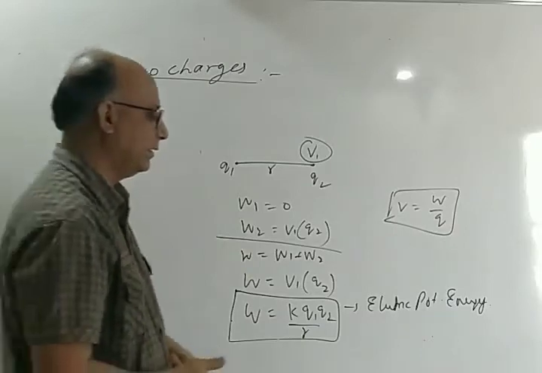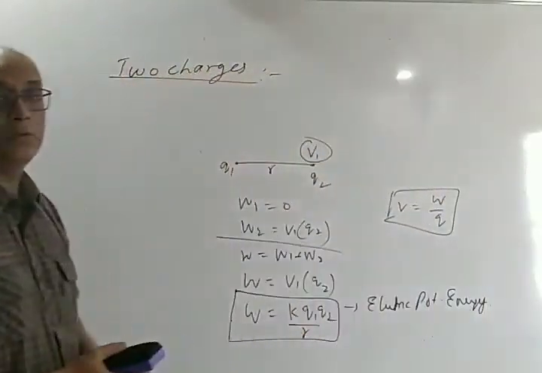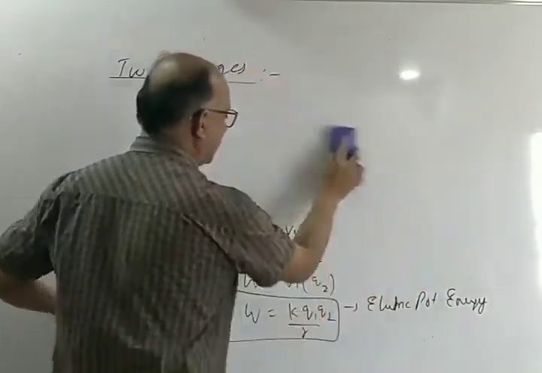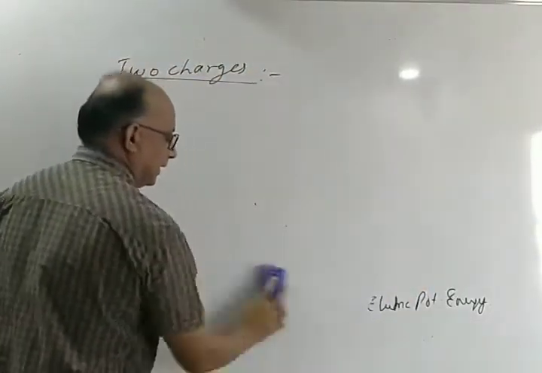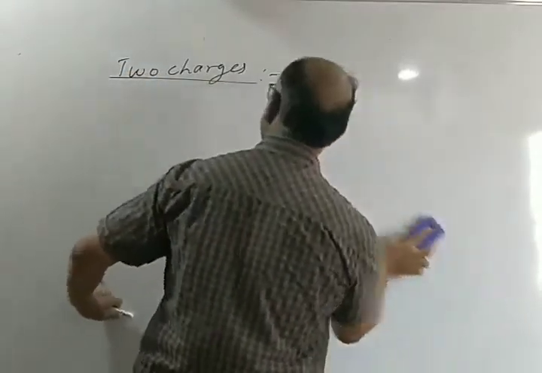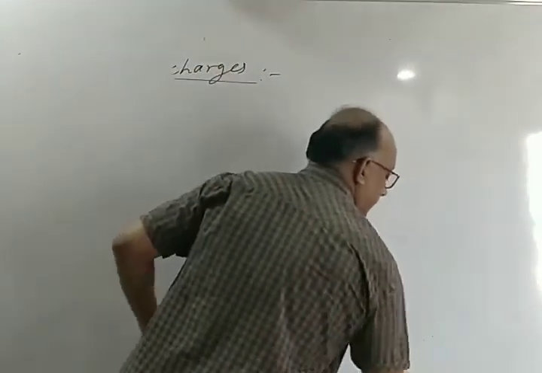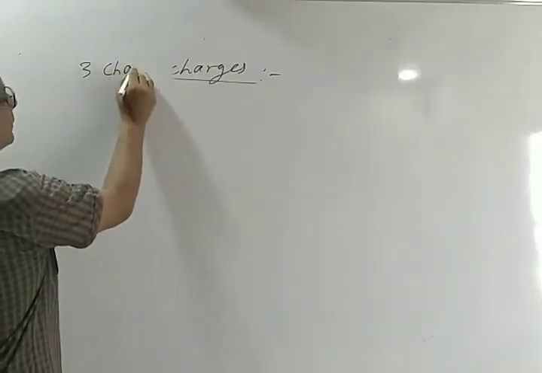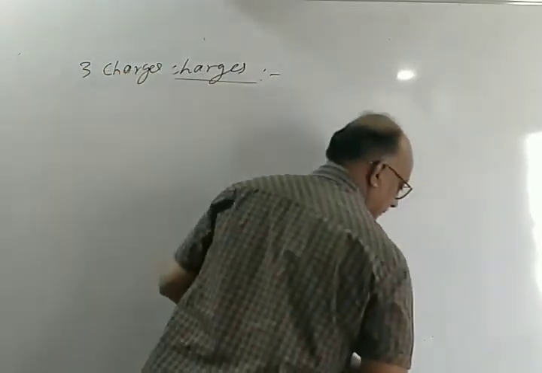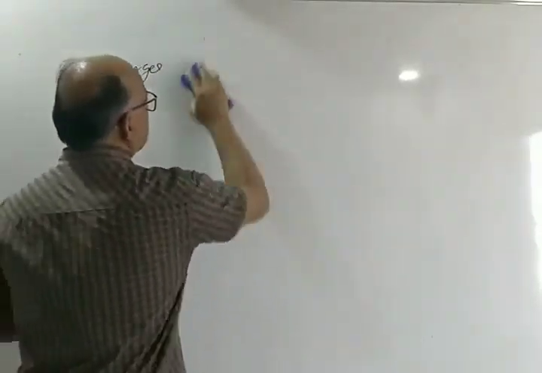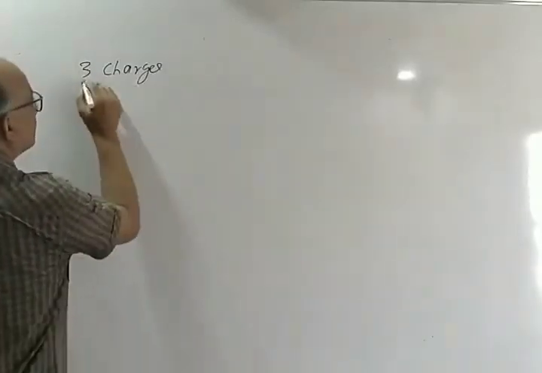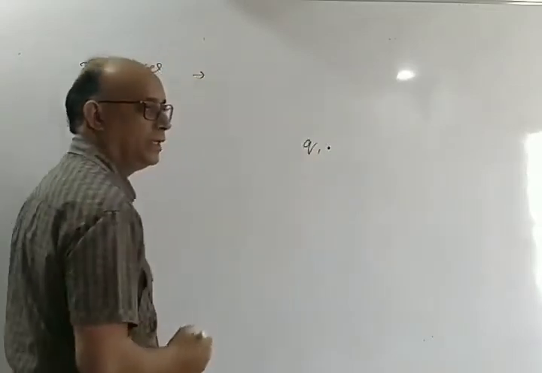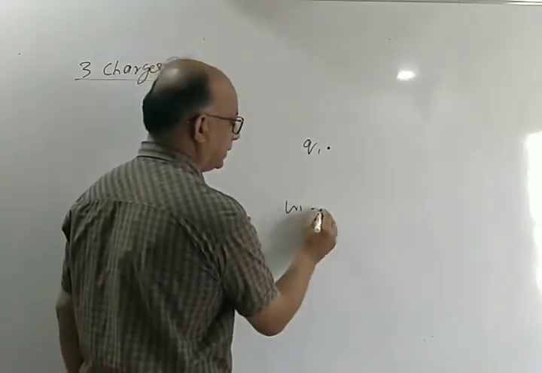Similarly, if you talk of a three-charge system, suppose three charges are brought from infinity and assembled here. Initially, when you bring the first charge, no work is done, work done is 0.